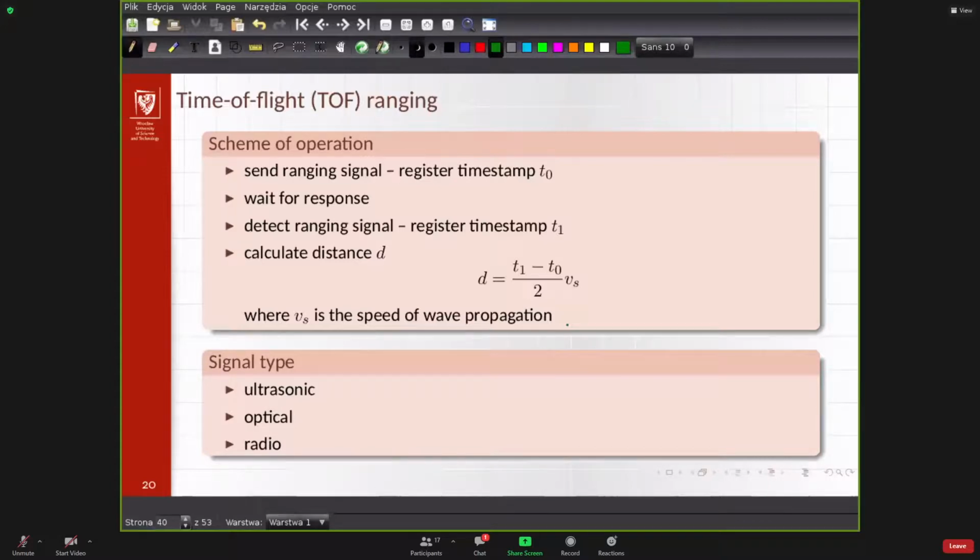And what kind of waves can we have? We can have ultrasonic, optical, or radio. Depending on which type of signal you use, you will have a different velocity, but also different conditions of propagation of those waves.